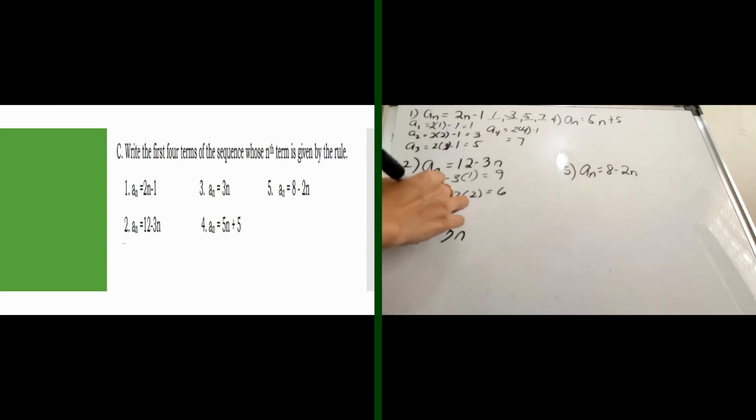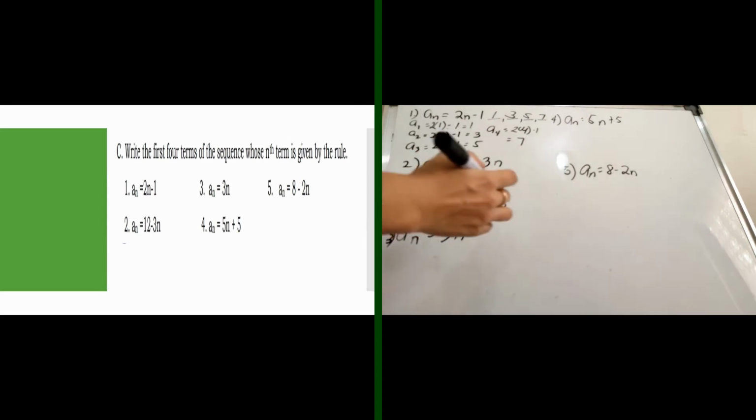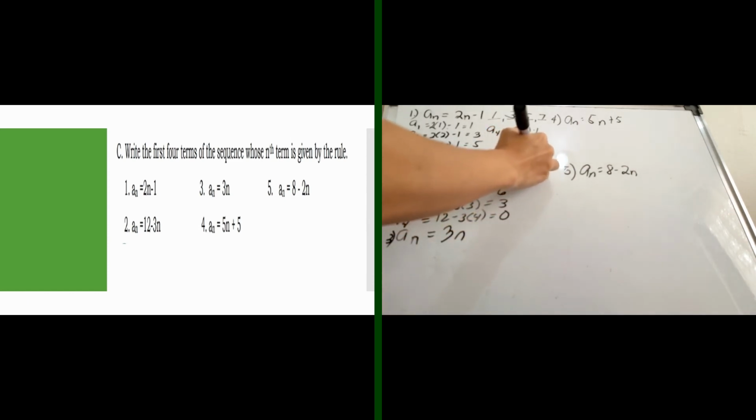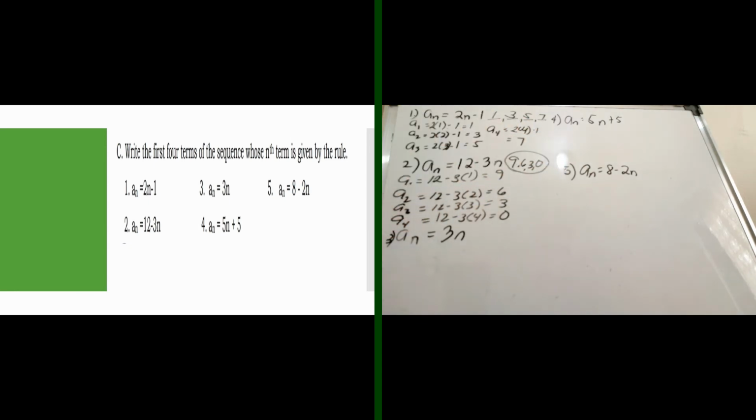A sub 3 is 12 minus 3 times 3, which is 12 minus 9, which is 3. And then the fourth term will be 12 minus 3 times 4. 3 times 4 is 12, 12 minus 12 is 0. So we get 9, 6, 3, and 0. So this serves as your final answer.